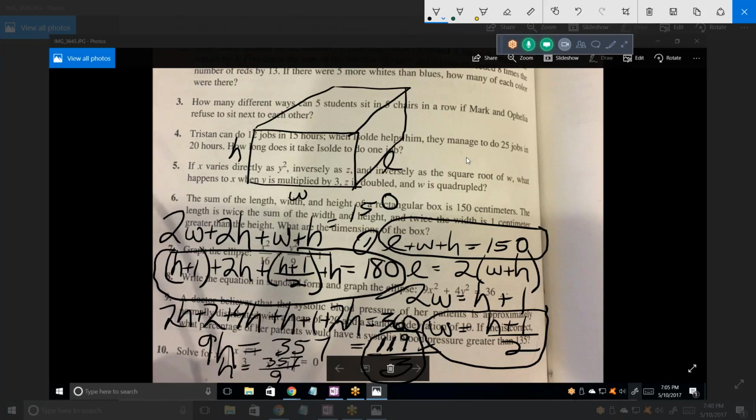That's probably going to be another fraction. 122 divided by 6, that's not divisible evenly. So I'm going to have a fraction for H, a fraction for W, which most likely means L will be a fraction also.